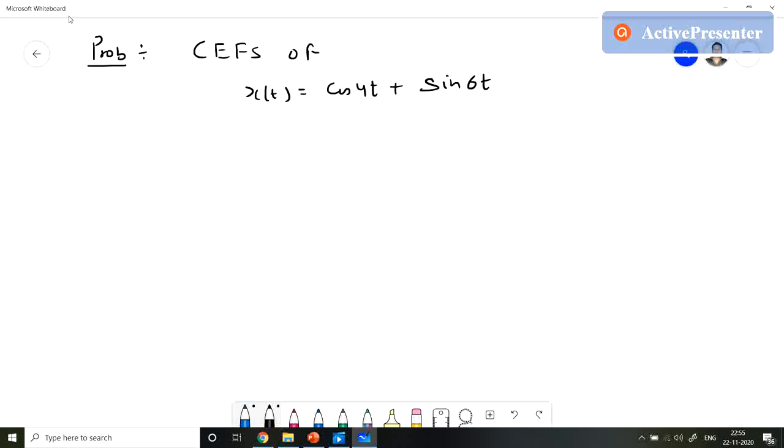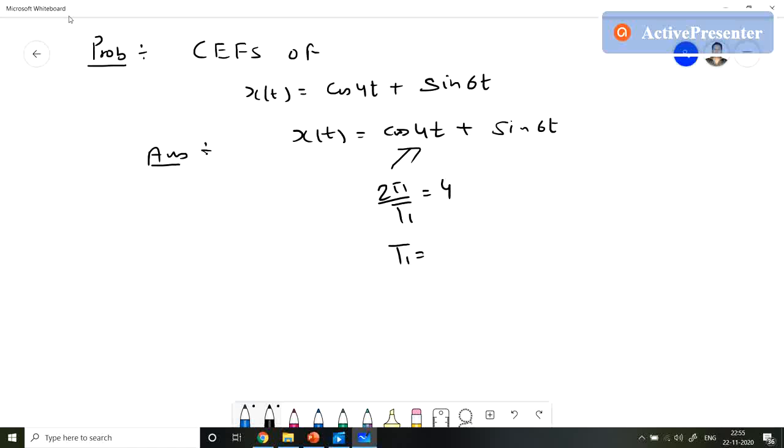For solving this type of problem, we first need to find out the fundamental time period, because this signal is a combination of cos 4t plus sine 6t. So for cos 4t, omega is 4, and the time period is 2 pi divided by 4, that is pi by 2.